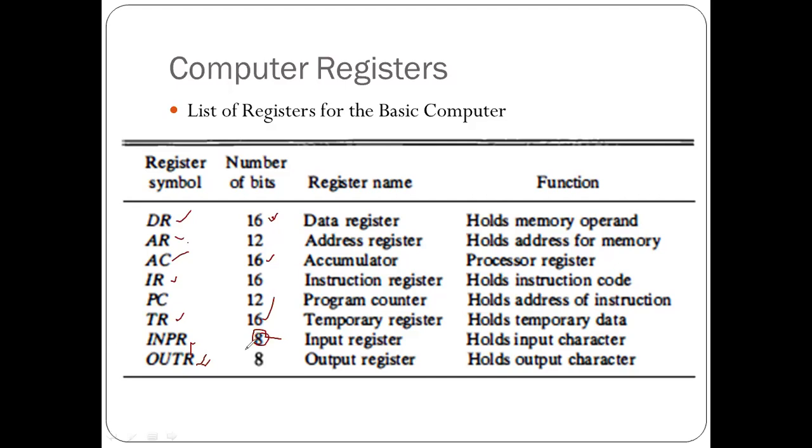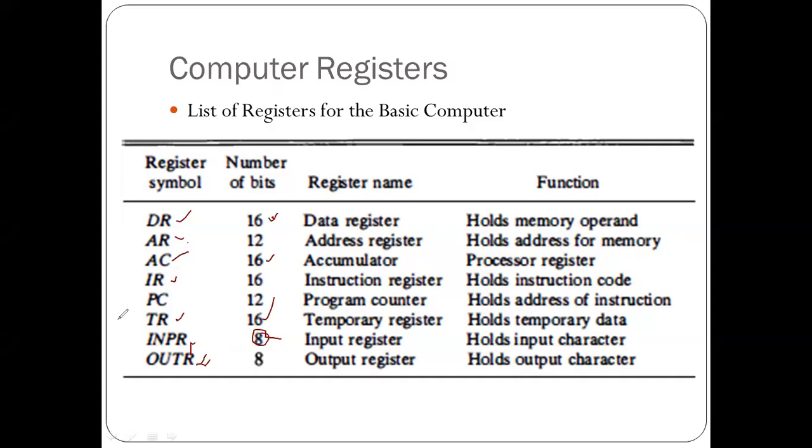So totally there will be 3 different types of instructions. One referring to memory, which we call memory reference instructions, the second register reference instructions, and the third IO reference instructions. To have all these operations, we require these many registers.